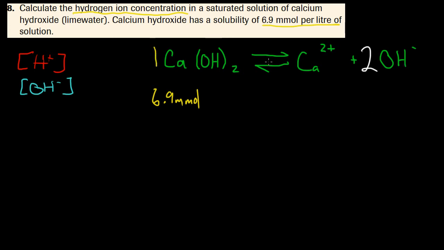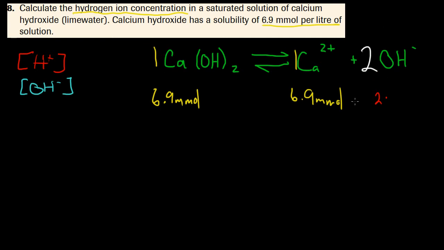If we go back to our molar ratios, we know we have a 1 to 1 to 2 ratio, so it can be seen that it'll just be 6.9 millimoles of calcium ions, because there's a 1 to 1 ratio. However, with hydroxide, it's a little bit more complex. You just have to multiply by 2, because for every 1 mole of this, there will be 2 moles of this.